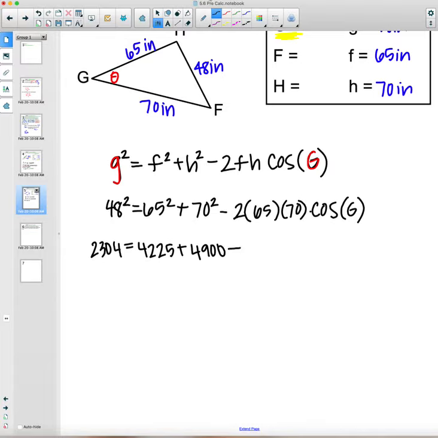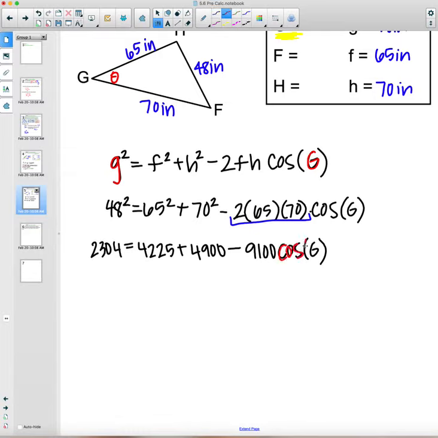Then multiply this together. All of this is multiplication here, so these you can all multiply together. So 2 times 65 times 70 gives you 9,100. So you have 9,100 here, cosine of G. Remember this cosine of G is what we are trying to isolate.